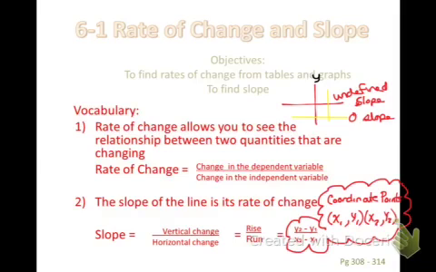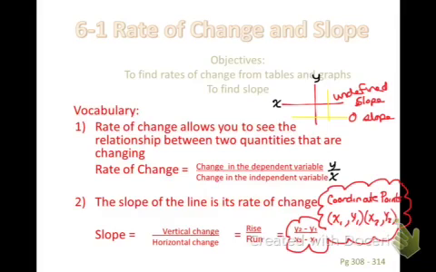That is your dependent line. The y line always depends on the x line, which is the bottom part. So the difference on top would be your y, and the difference going from left to right is your x's.